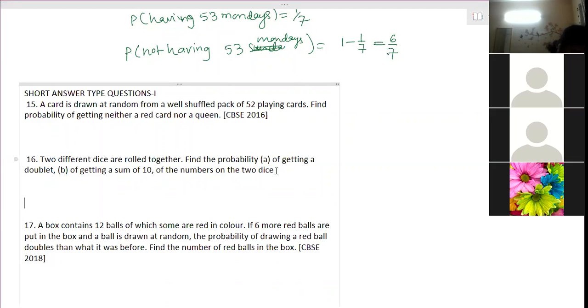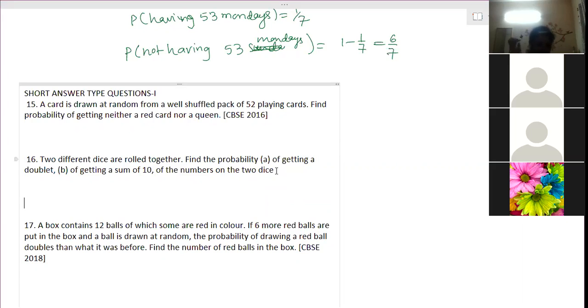And for the second part, I got 1 by 6 again. So what are the outcomes you got for the second part?